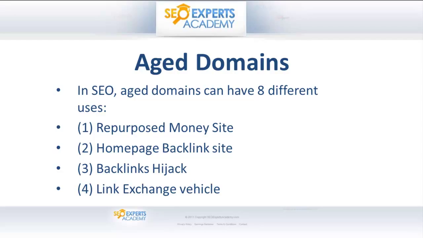So for example, if you bought a PageRank 4 age domain and then were able to get 10 link partners who were able to give you a link on their PageRank 4 homepages or pages in exchange for a link on your one PageRank 4 domain, you've now effectively multiplied the value of that one domain by 10. Then you didn't need to buy 10 more age domains to get 10 more PageRank 4 page links.